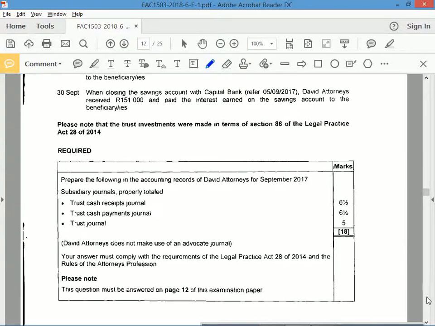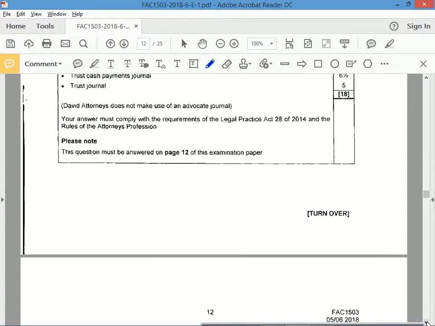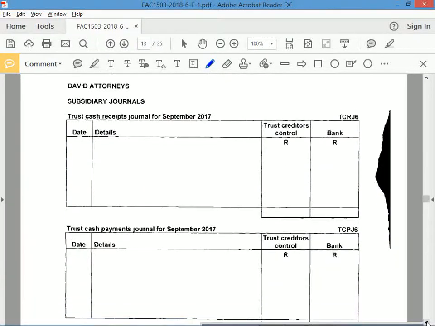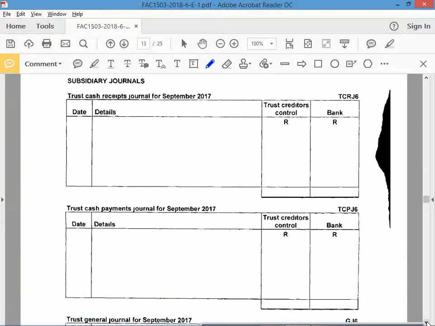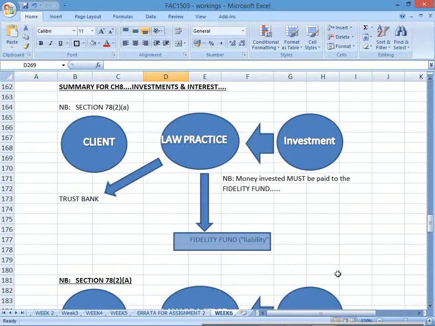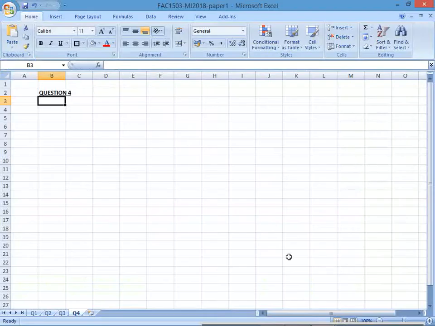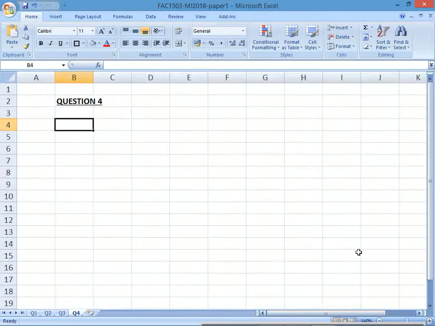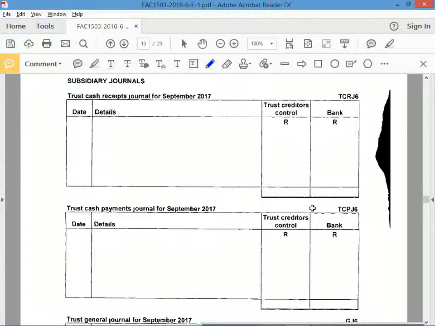Fine. Right, the first thing is to look at the format, which you've already got. I need to quickly draw this up. Trust cash receipts, trust cash payments. 1, 2, 3, 4 columns. Trust creditors, bank, that's it.